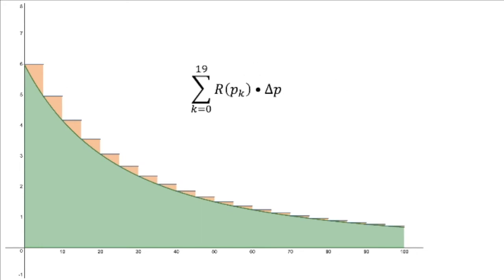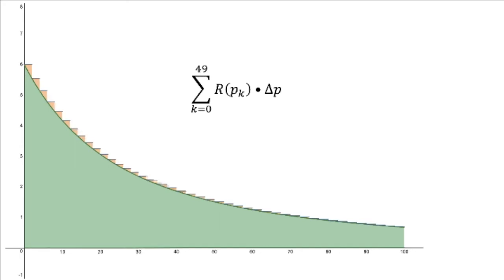Here we have our Riemann sum with 20 intervals. The orange part of the graph shows the amount of error in our approximation that comes from assuming a constant rate of change for each interval. What will happen to this error if we divide 100 kilometers into 30 intervals? What about 40 intervals?